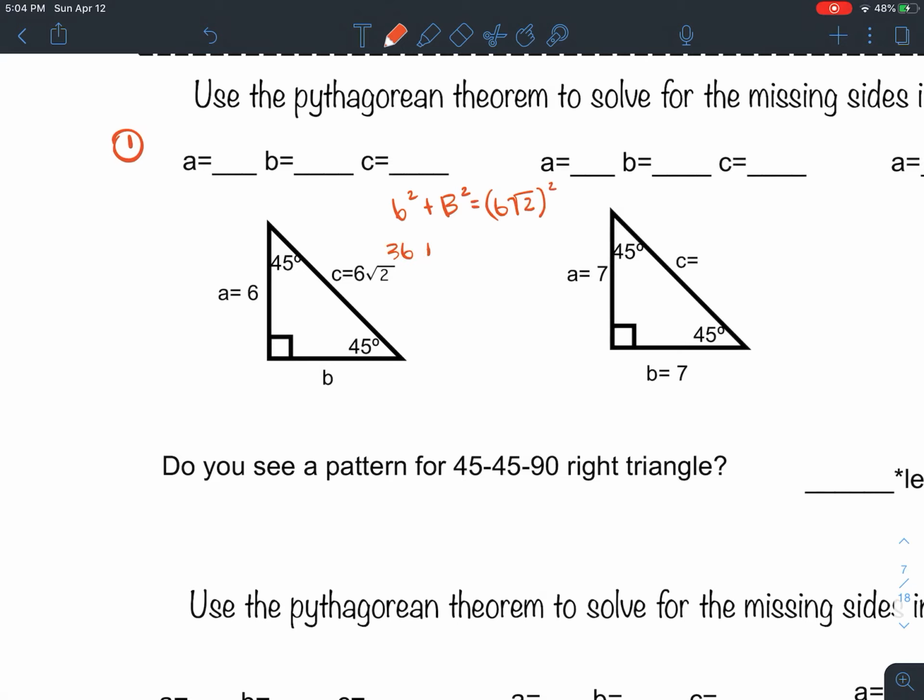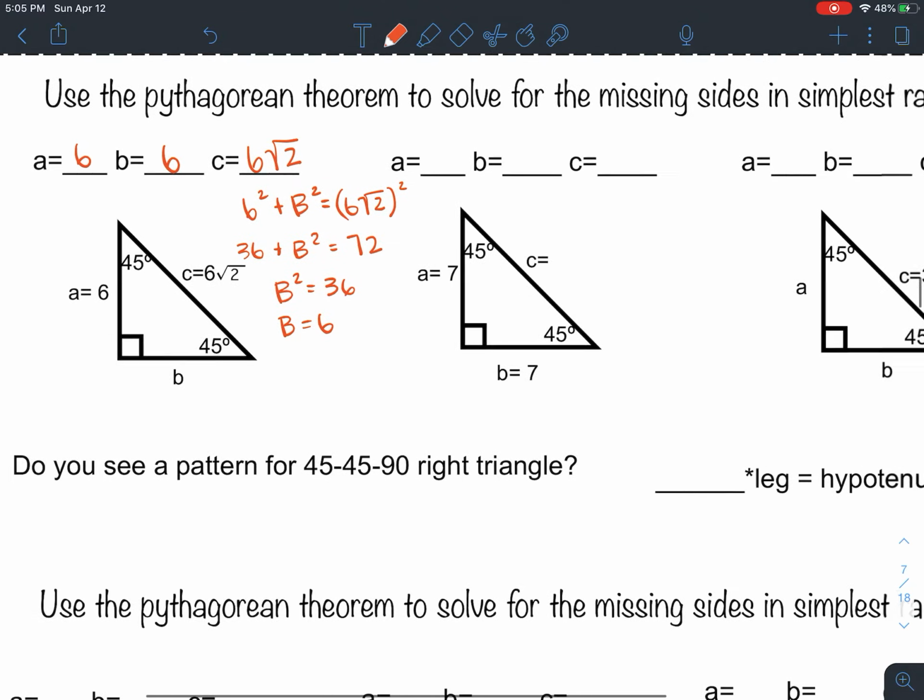So I've got 36 plus b squared is equal to 36 times 2, which is 72. So keep going, b squared is equal to 36, and b is equal to 6. So if we fill all of this in, I have 6, 6, and 6 square root 2 for the hypotenuse.